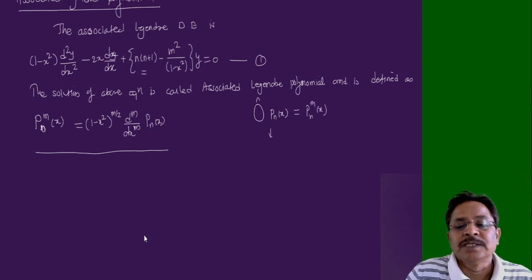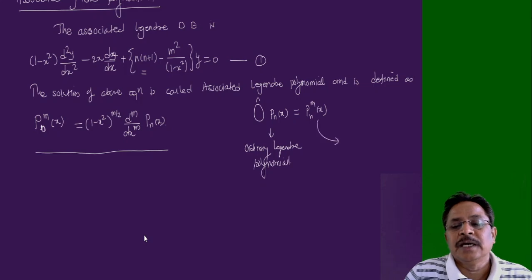So this is my ordinary Legendre polynomial, and this is the associated Legendre polynomial.